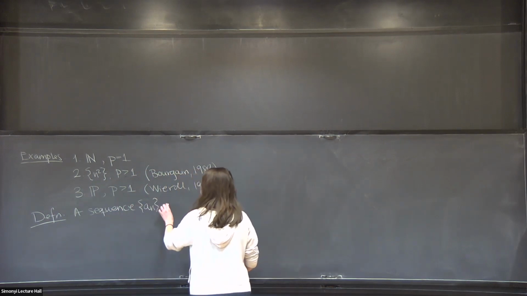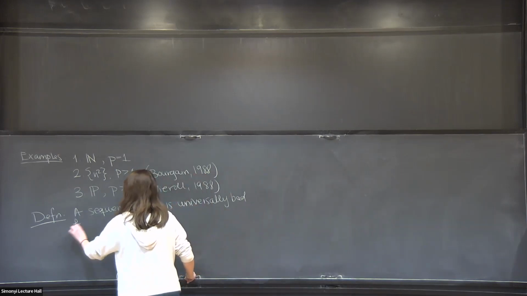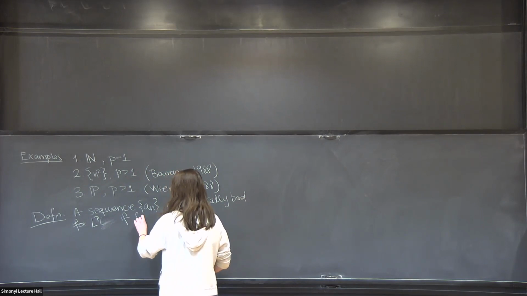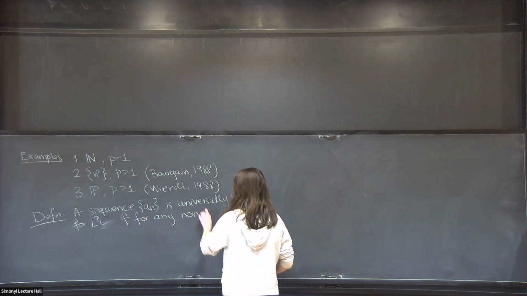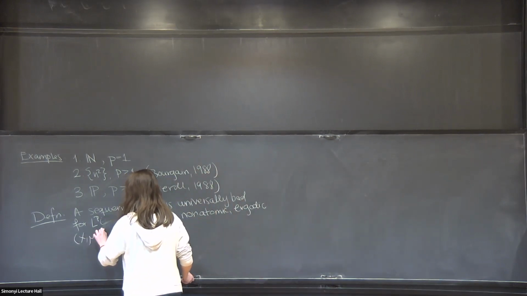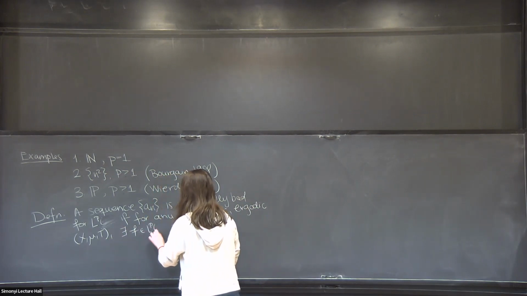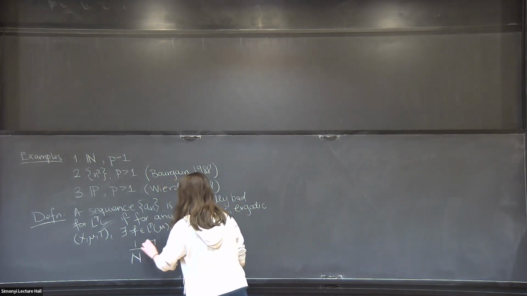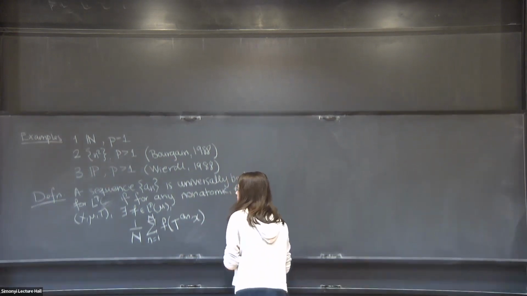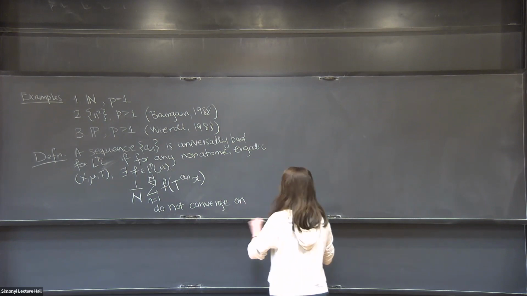So we're going to call a sequence universally bad for L^p if for any non-atomic ergodic system, we can find some L^p function where those averages don't converge on a set of positive measure.